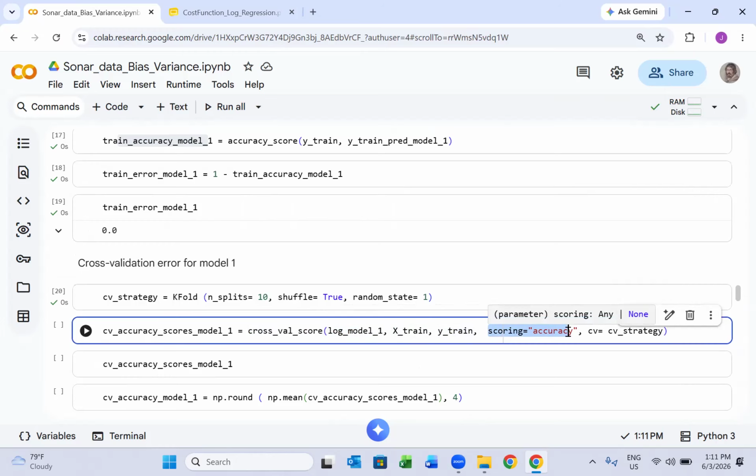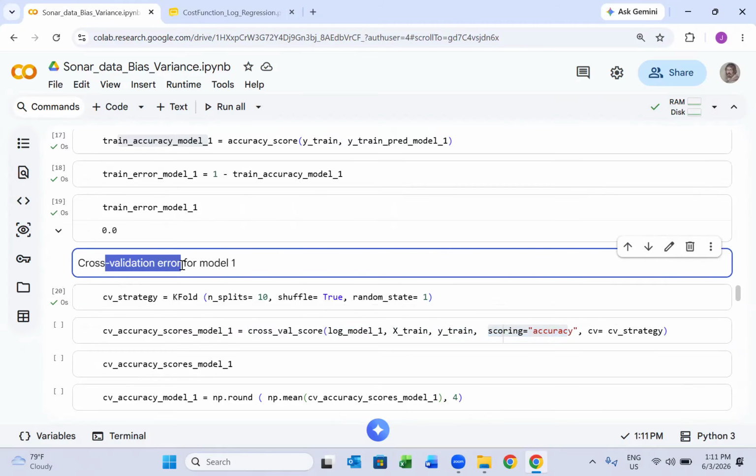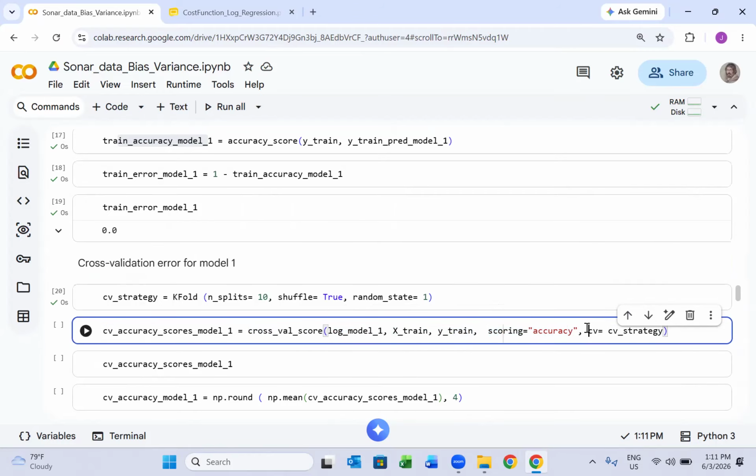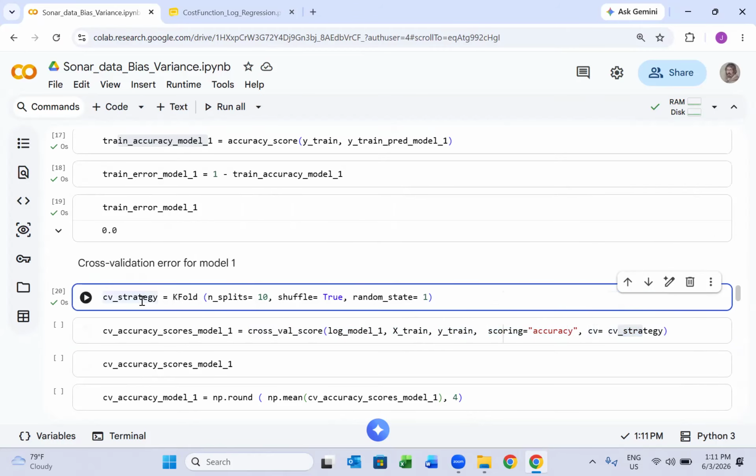We need to specify how you are going to evaluate the cross-validation results. What metric are you using? I'm going to use the accuracy because remember, from the accuracy, we can get the error. Our goal is to get the cross-validation error, but once we get the accuracy, error is just 1 minus the accuracy, okay? And the cross-validation will be guided by the cross-validation strategy that I defined here, okay?